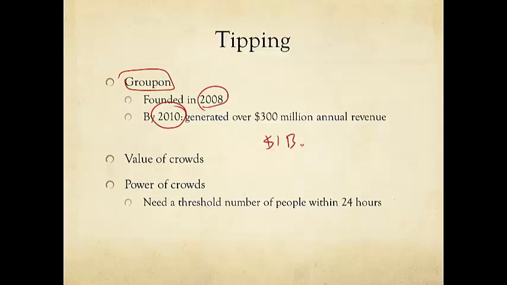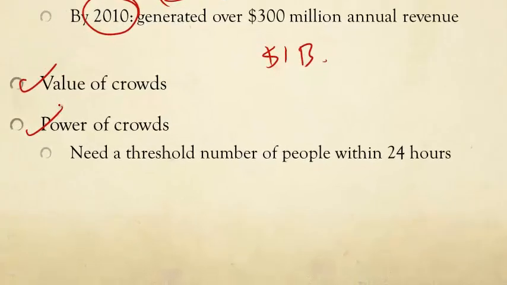Now, there are many discussions on whether the profit margin of Groupon, Living Social, and the like, there are hundreds of these daily deals websites since 2008, is too high, and what kind of profit margin will be sustainable in the future. But roughly speaking, for our purpose, we can clearly see two things. First is the value of crowds.